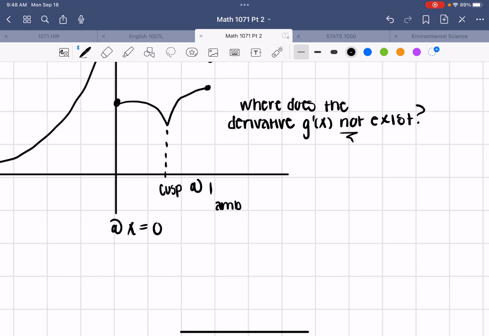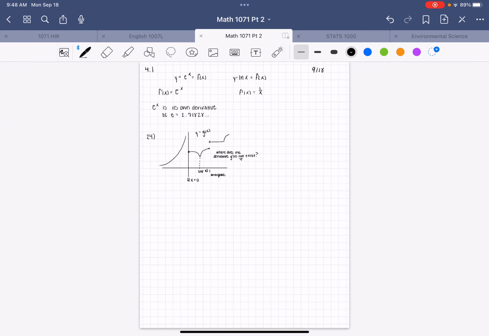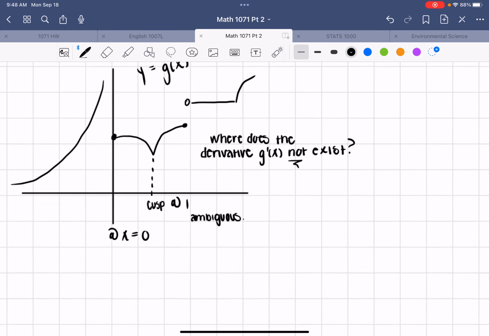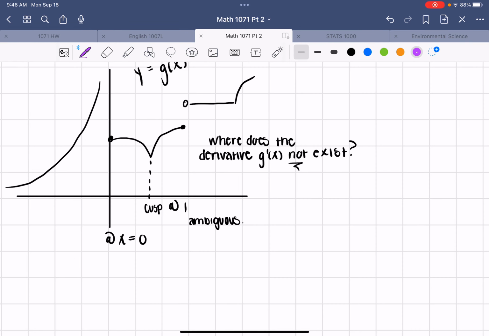Math hates ambiguity. You might say, well, a tangent intersects the graph just in one point. Yeah, but look. There's a line that intersects at only one point, and there's another line that intersects at one point. Which one is your tangent? It's ambiguous. So math does not have ambiguous things. Also here, was that at 2?